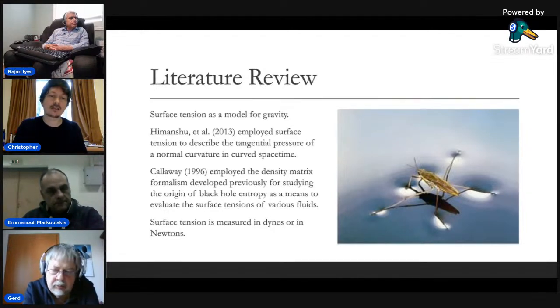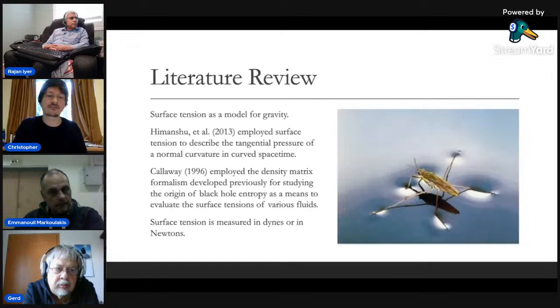Whereas Callaway kind of did it from the reverse point of view. So he employed density matrix formalism developed previously for studying black hole entropy as a means for evaluating surface tension of fluids. So there's this interplay between the two disciplines, if you like.